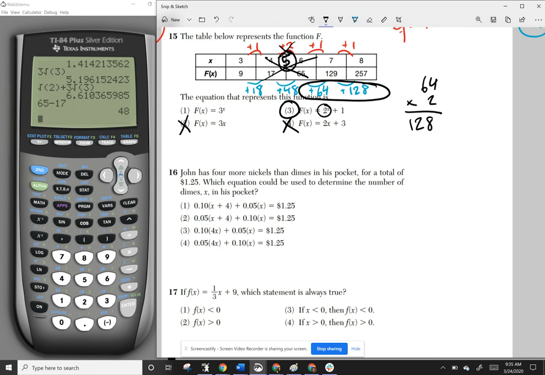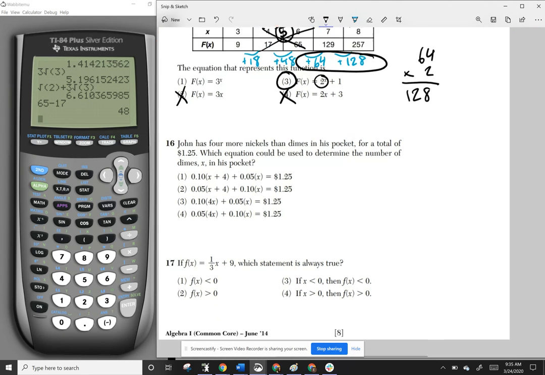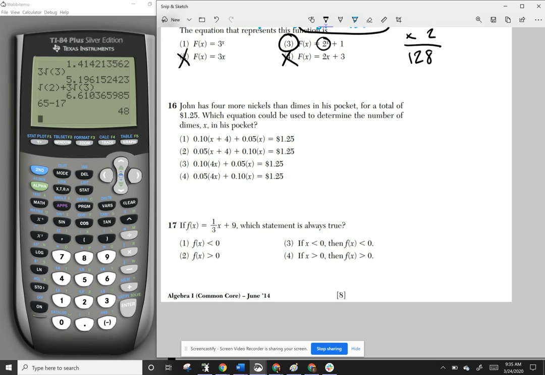Okay, 16. John has 4 more nickels than dimes in his pocket, for a total of $1.25. Which equation could be used to determine the number of dimes x in his pocket? Okay, so we need to define, no, they defined our variables for us.